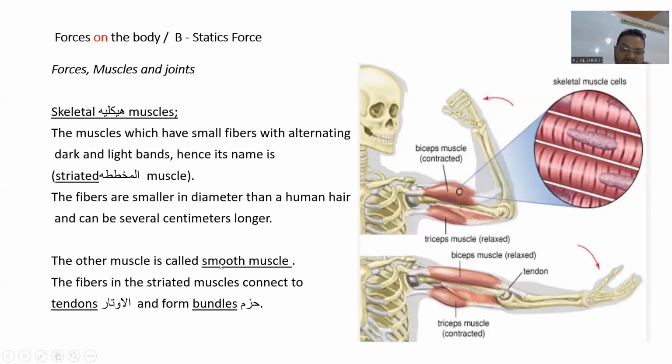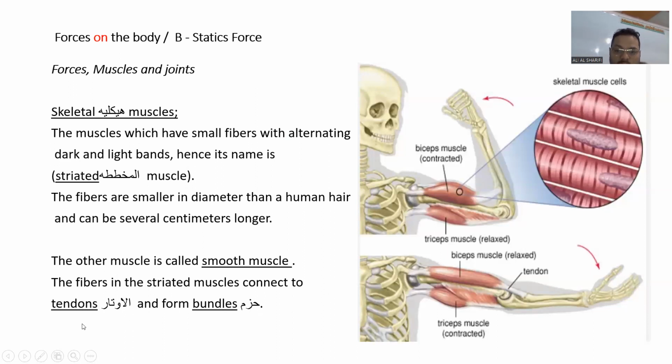The first one is smooth muscles. The fibers in the striated muscles connect to the tendons and form the bundles. Smooth muscles and striated muscles, two kinds I have here. The striated muscles are connected with the tendons and bundles.